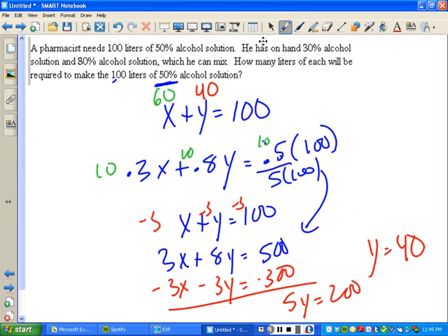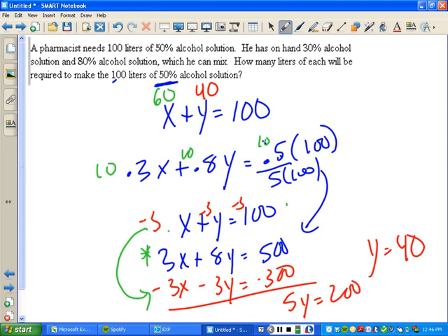Where did I lose you at? Say it again, please. So how'd you go from 500 to 300? Good question. I didn't. I multiplied -3 times the top equation, and when I did that, I wrote it down here. So this equation stayed the same.